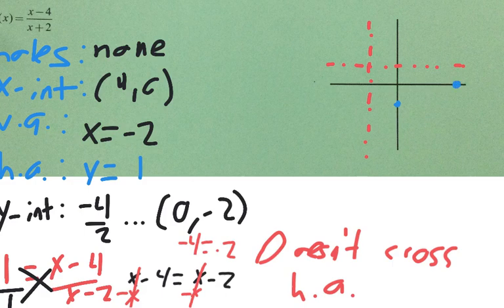That means the graph's going to cross here. And now can you guys visualize what the graph looks like? On the right side of the vertical asymptote, that's the one I have points for. So I know the graph has to look like that, tending towards the asymptotes. Is everybody good with that?